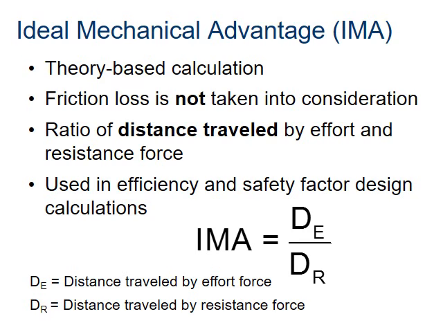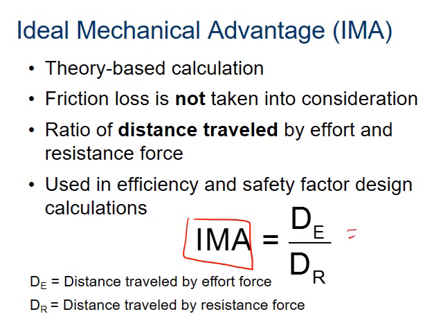Now we're getting into the big ones, IMA. This formula stands for distance traveled by effort force divided by distance of resistance. This tells us that, again, if our distance effort divided by our distance resistance is greater than 1, then it means I have a mechanical advantage.